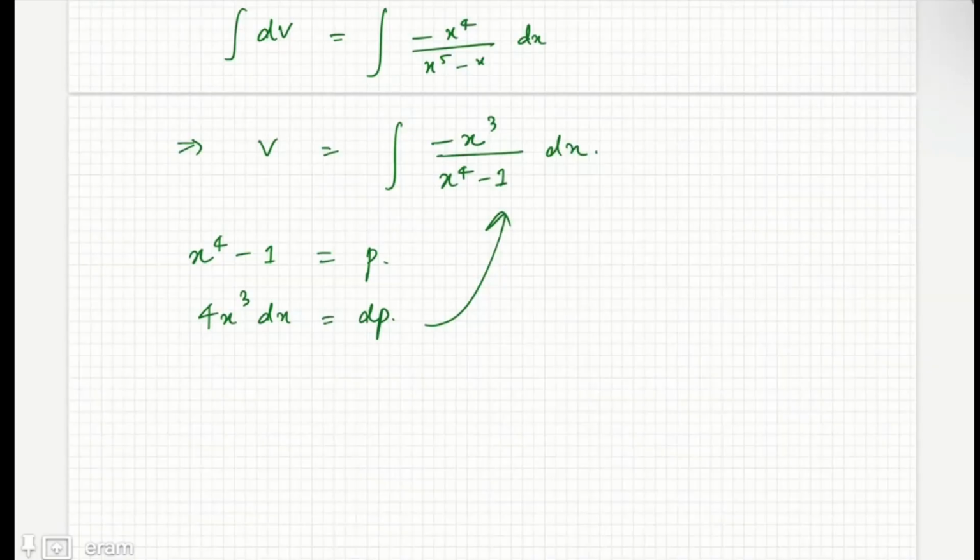So that means v is given as minus 1 by 4 log of x to the power 4 minus 1. And obviously the argument of log should be positive, so we need to ensure that x to the power 4 is greater than 1.